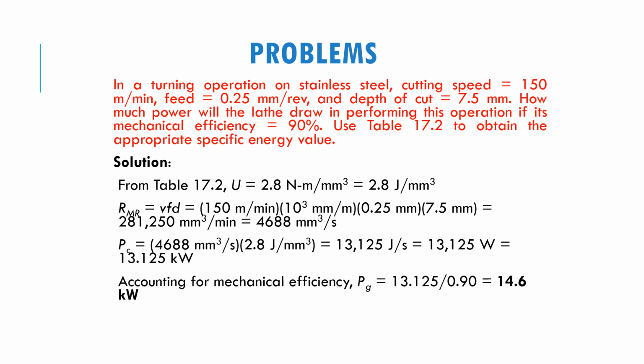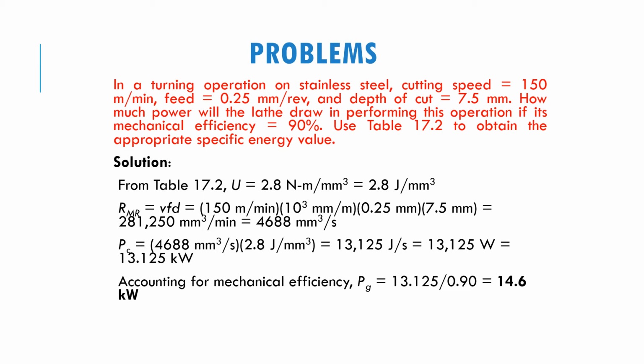So now let's see the example here. In a turning operation on stainless steel, cutting speed equals 150 meter per minute, feed equals 0.25 mm per revolution, and depth of cut 7.5 mm. How much power will the lathe draw in performing this operation if its mechanical efficiency equals 90%?